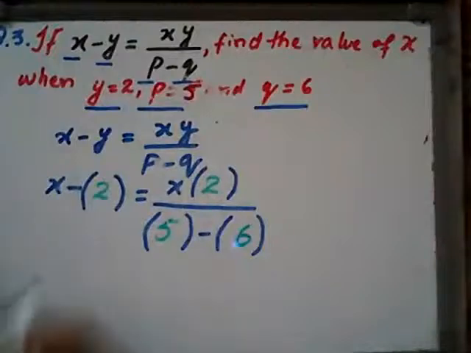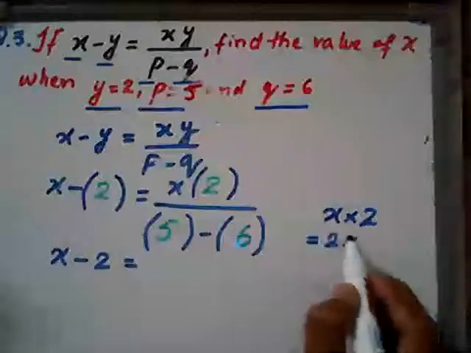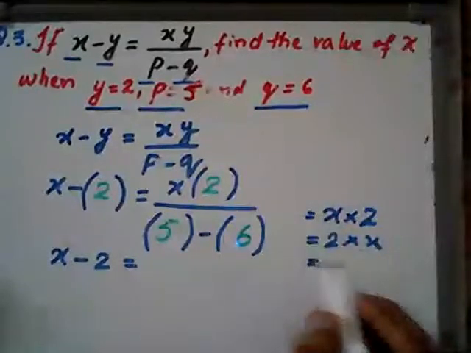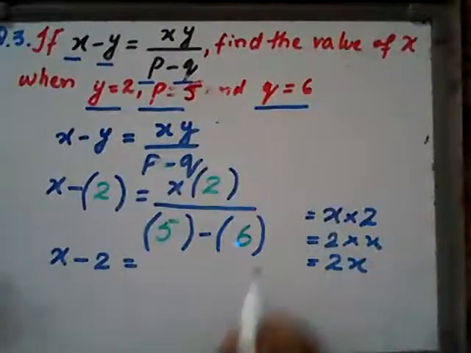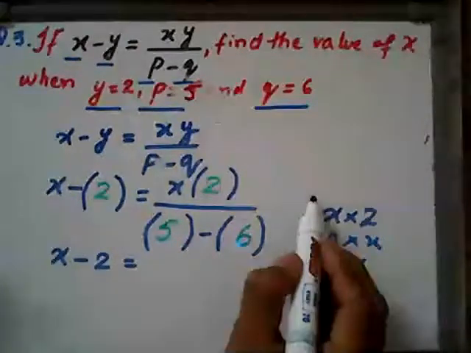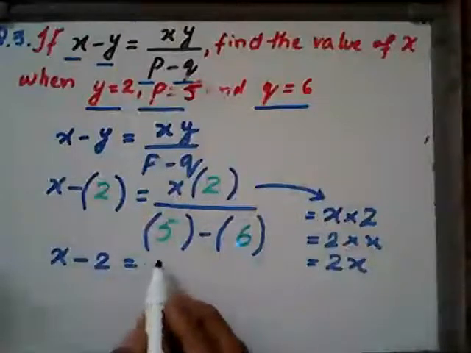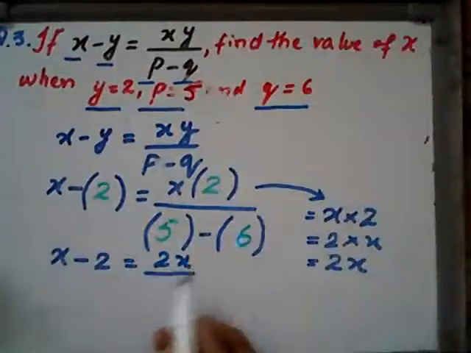So it becomes x minus 2 multiplied by x, and 2 multiplied by x can be written as 2x. We must remember this, because a bracket means multiply. So we write 2x over 5 minus 6.